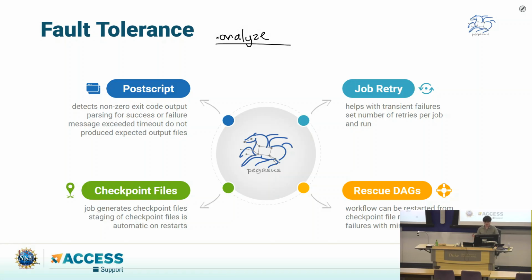And Pegasus, the first one, offers PostScript, okay? So in coding, we call an error output a non-zero output. When your code executes as planned, you get an output of 0 by default.